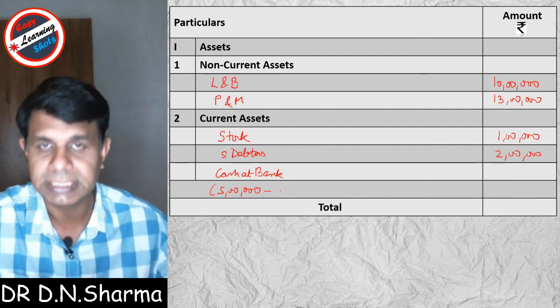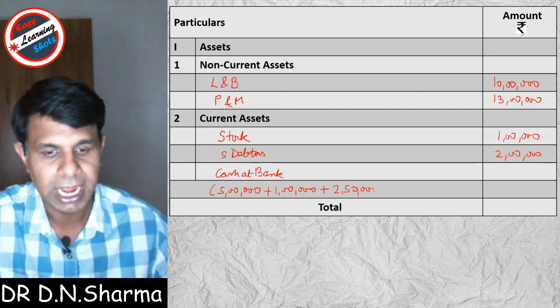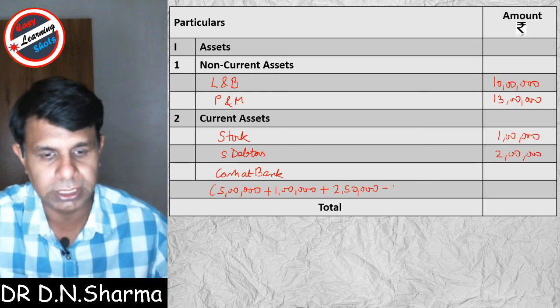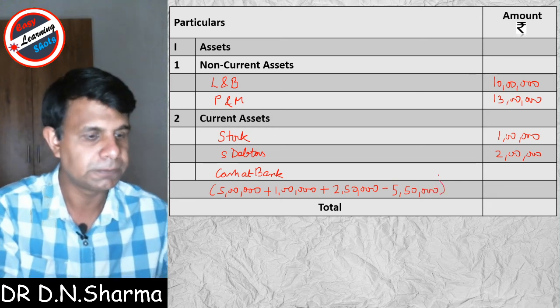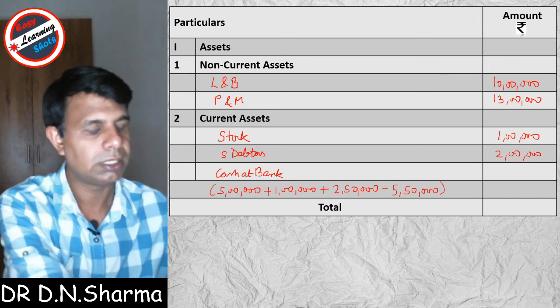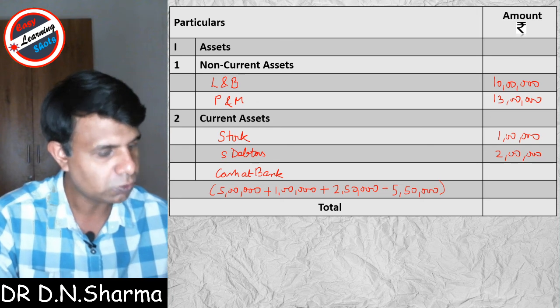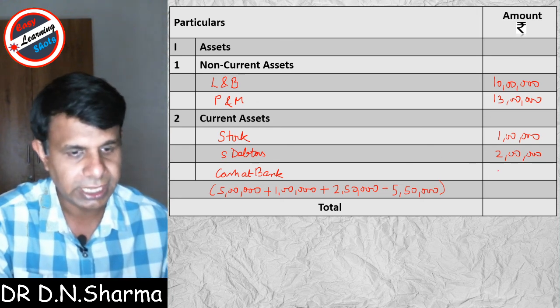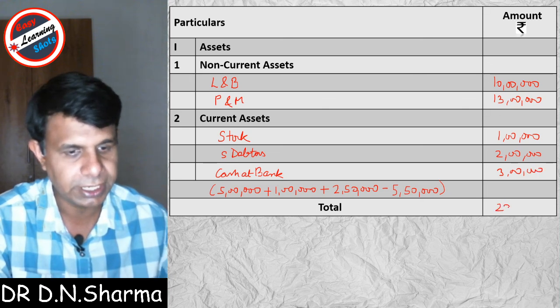So when we receive the final call, our bank balance is increased by 1 lakh rupees, and when we issue equity shares, our bank balance is increased by 2,50,000, and when we pay to the preference shareholders, we pay the amount that is 5,50,000. So the balancing amount under the balance sheet is 3 lakh rupees. So we write 3 lakh under cash at bank account, and the total amount of the balance sheet is 29 lakh.